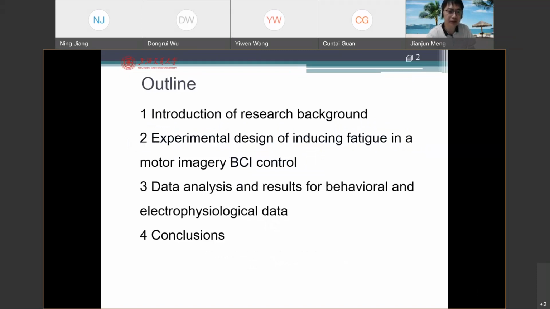Then I will present the experimental design of inducing fatigue in motor imagery-based BCI control. In the third part, there will be the data analysis and the results for the behavioral and the electrophysiological data. And part four will show the conclusion of our study.